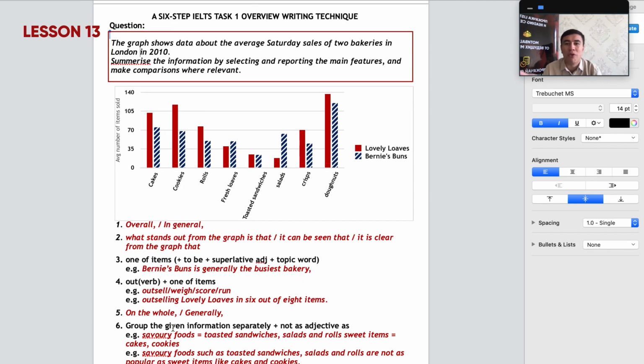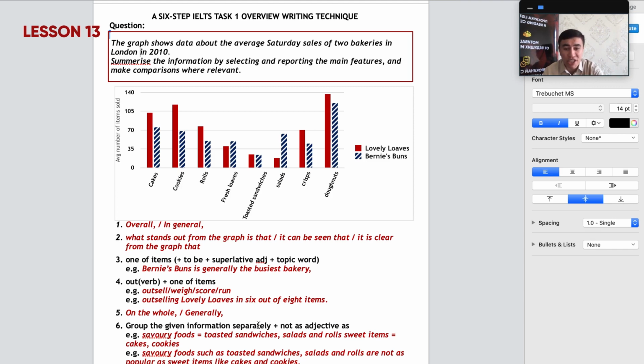We want to show that one of the items is dominating, and then next sentence starts from on the whole or generally. Then again, these words are followed by a comma, and then you can group the information, and of course this one can be quite a challenging task. You may not know one common word for the group, but still you can try to do something. I will show you an example later.